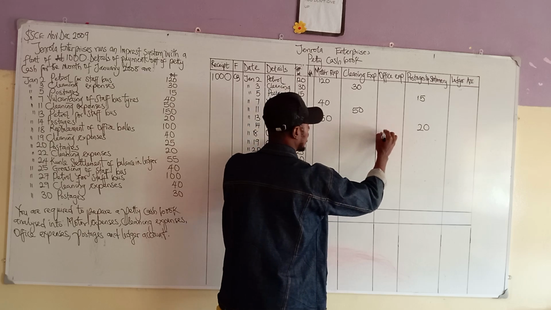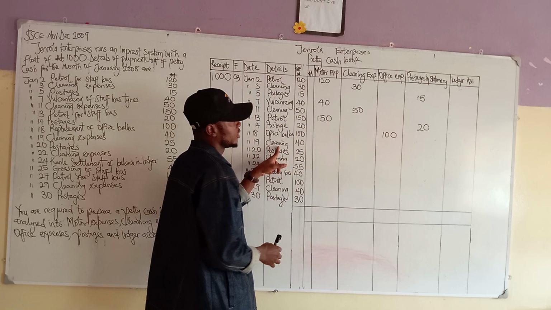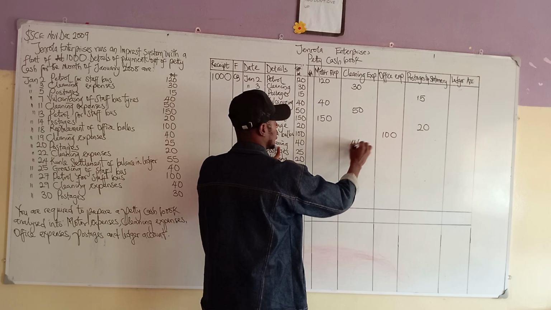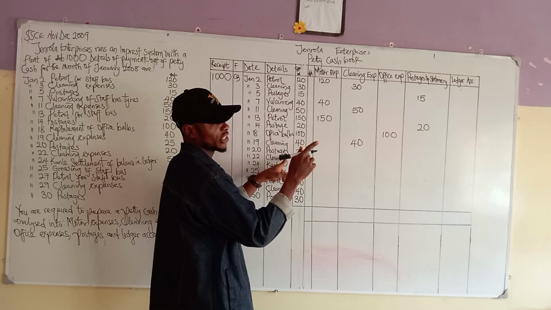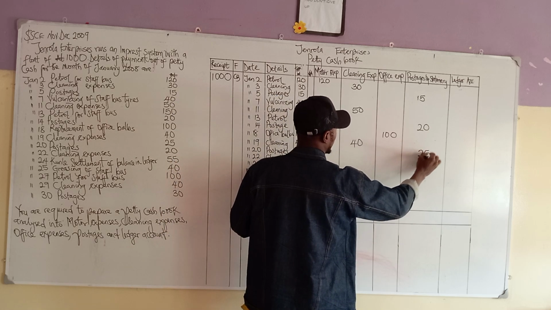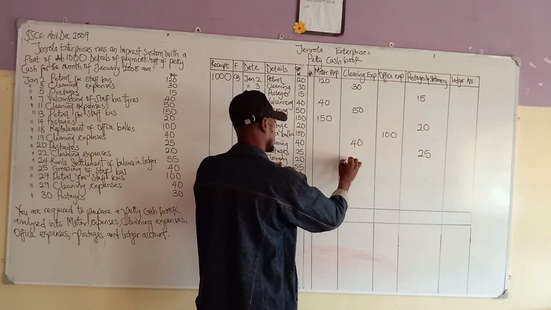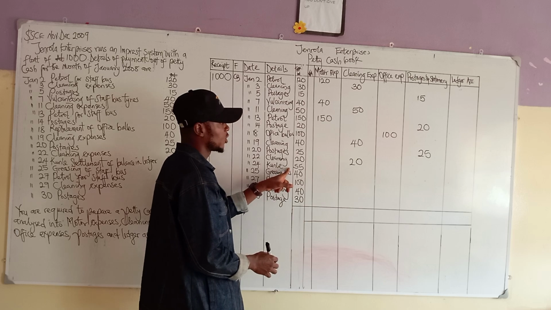So this will give me 100 naira. Great. Cleaning goes to our cleaning expenses, which is 40 under the cleaning expenses column. Postage goes to the postage and stationery column, which is 25 naira. I have my 25 naira. Then cleaning comes under the cleaning expenses, which is 20 naira. Then 24th, we have Kunle.